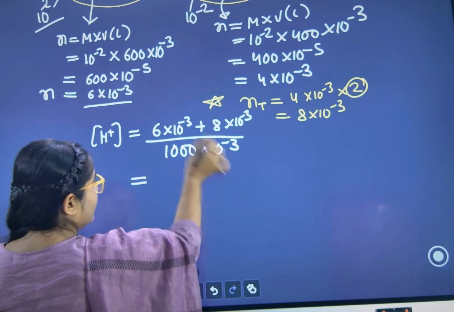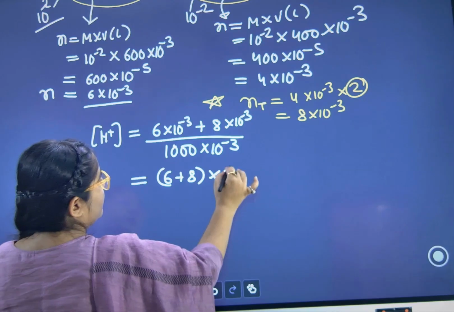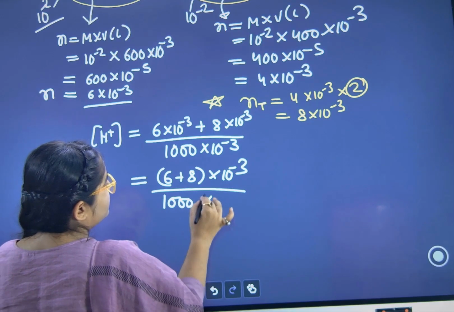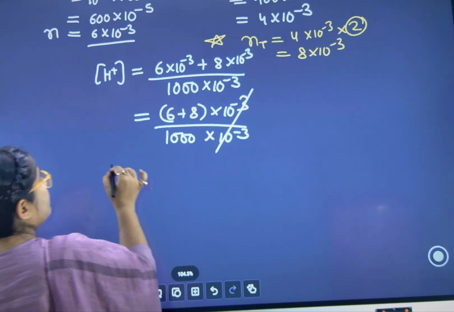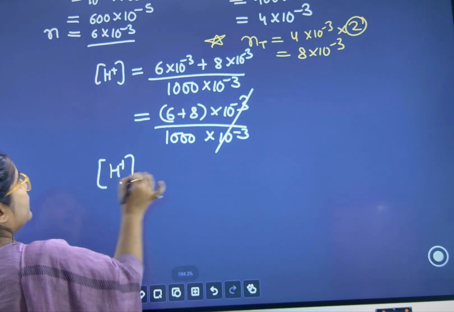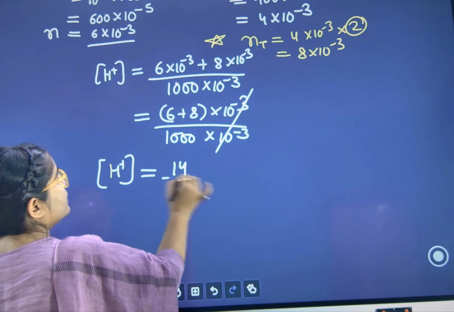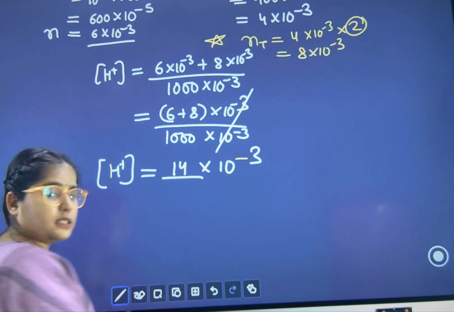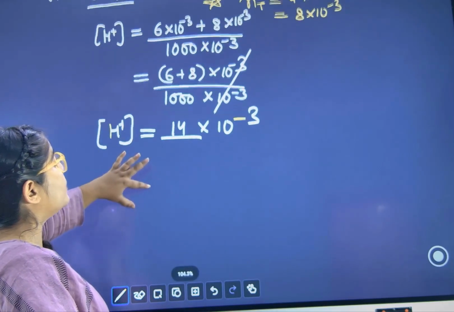So minus 3 if you will take common, it will become 6 plus 8, 10 to the power minus 3 by 1000 into 10 to the power minus 3, minus 3, minus 3 gone. From here I will get my H plus ion concentration as 14 by 1000, that is 14 into 10 to the power minus 3, right? So I have got my H ion concentration as 14 into 10 to the power minus 3.